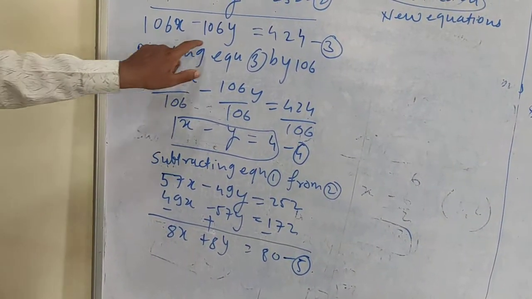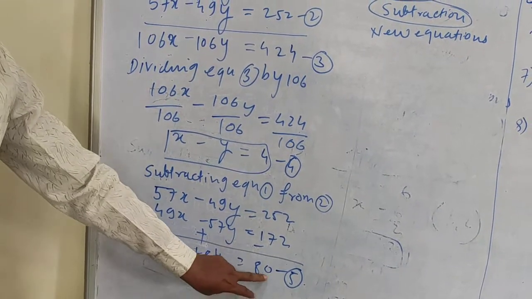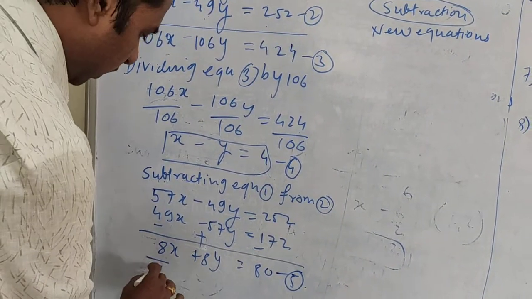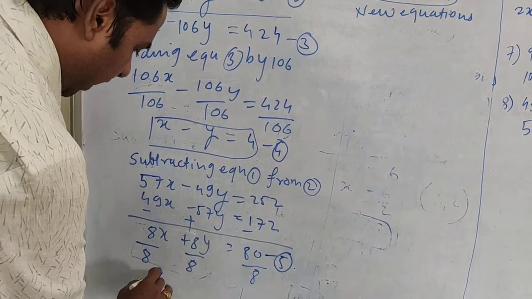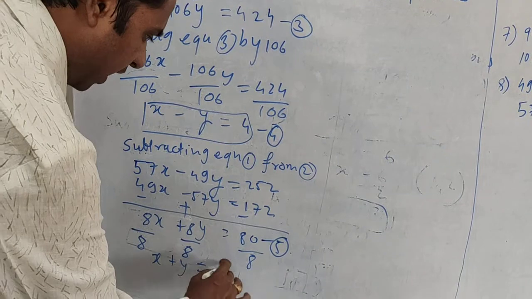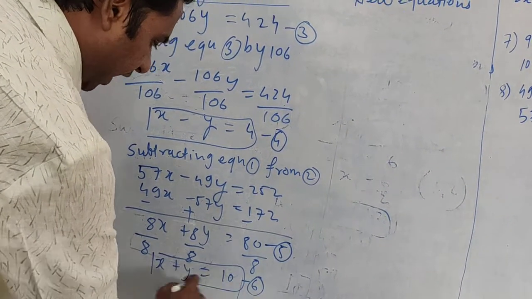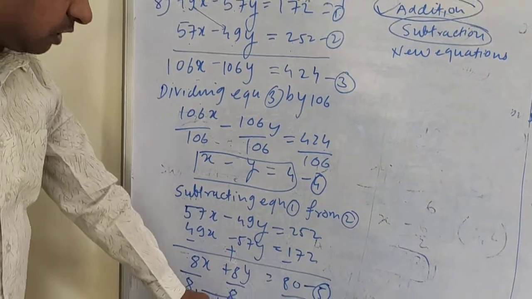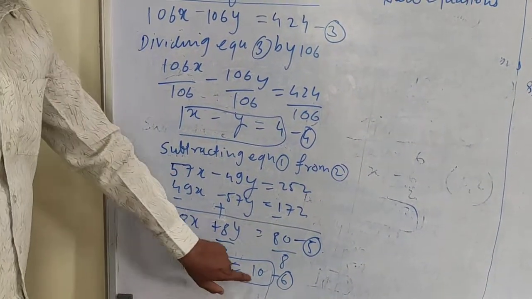Like here we have reduced it by dividing by 106, here we can reduce it by dividing through 8. So throughout we are going to divide by 8. So it will become x plus y is equals to 10. This is equation number 6, x plus y is equals to 10.